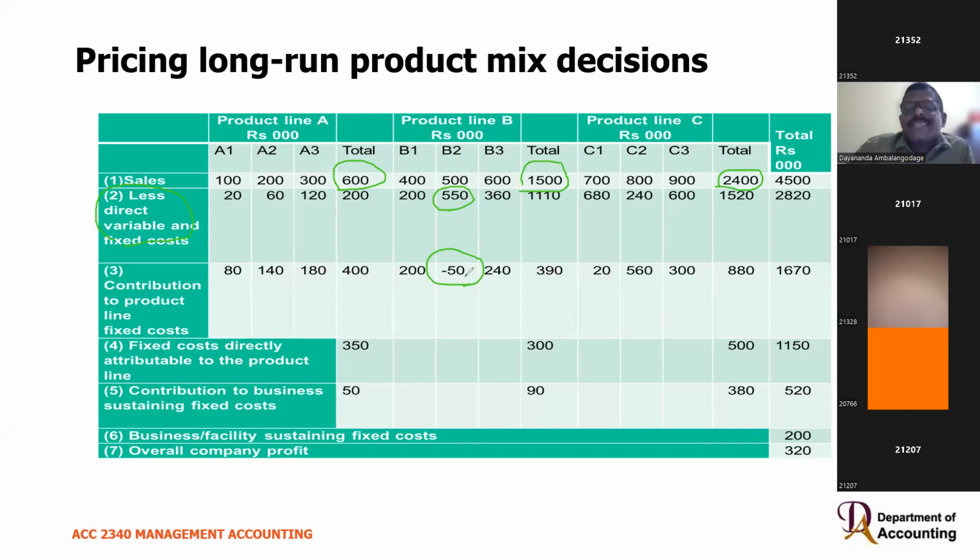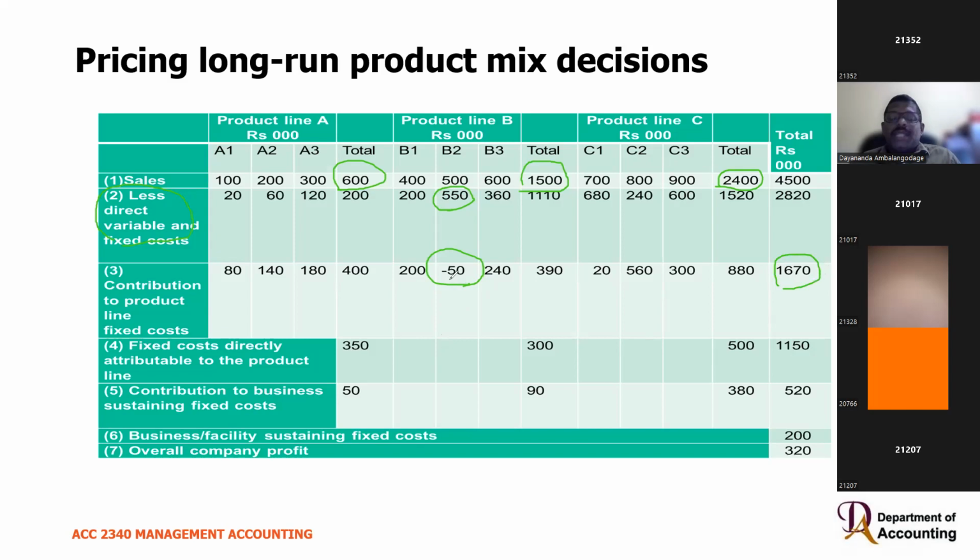So this is minus 50. You can't continue this product. You are making a loss on B2. But altogether, if you look at the total profit for the business, you are making a profit. That is not a problem. But you need to do the profitability analysis. If you are a price taker, you can't sell this product.